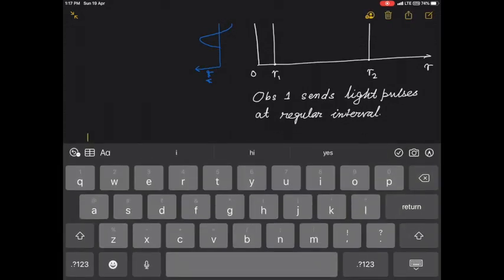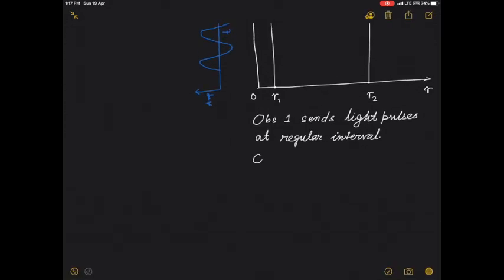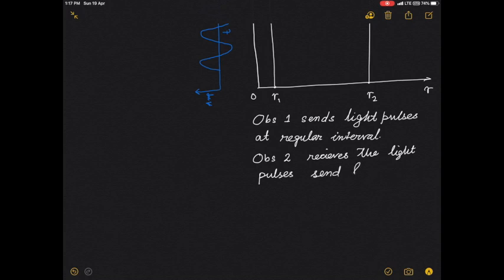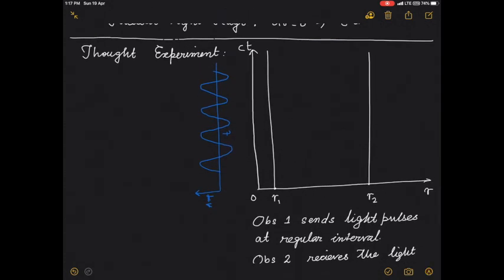What does observer 2 do? Observer 2 receives the light pulses sent by observer 1.